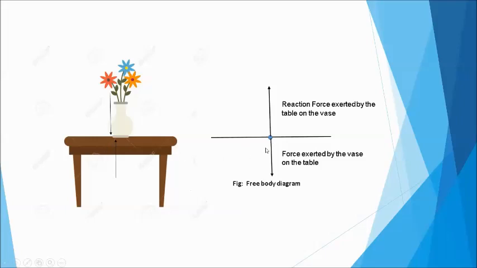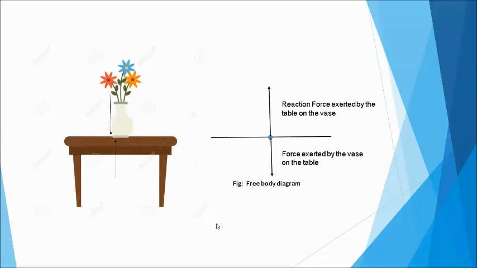This downward arrow is the force exerted by the vase on the table. That is the action force. And the upward arrow is the reaction force exerted by the table on the vase. Okay, so this is just an example.